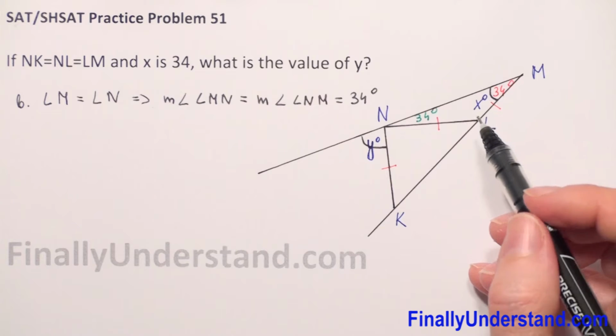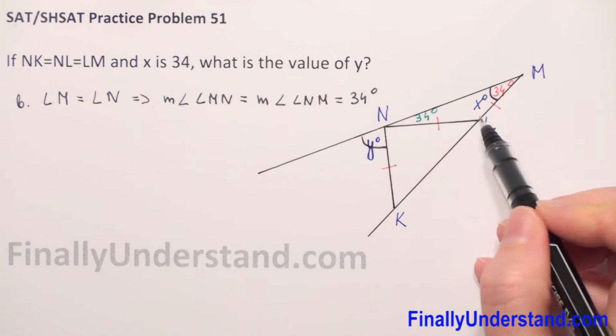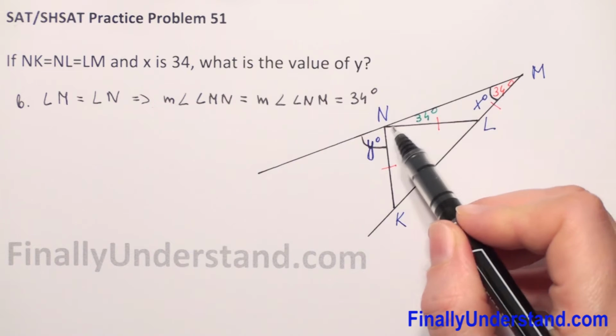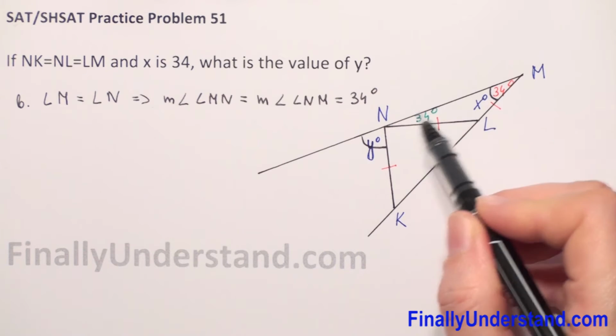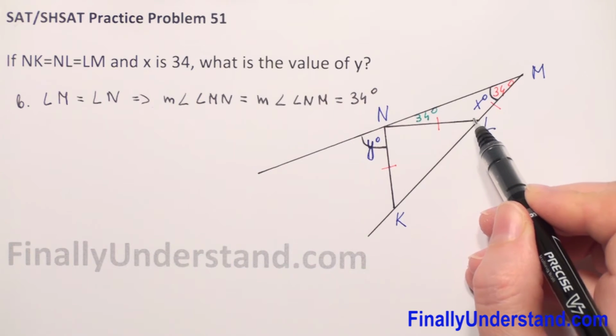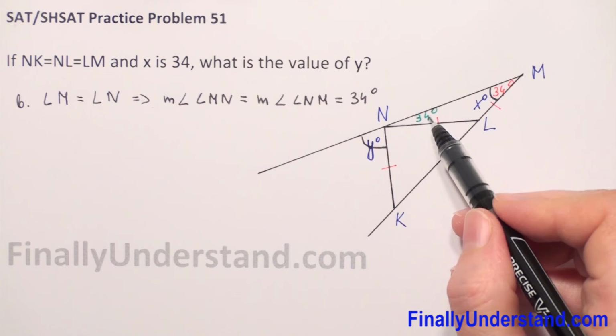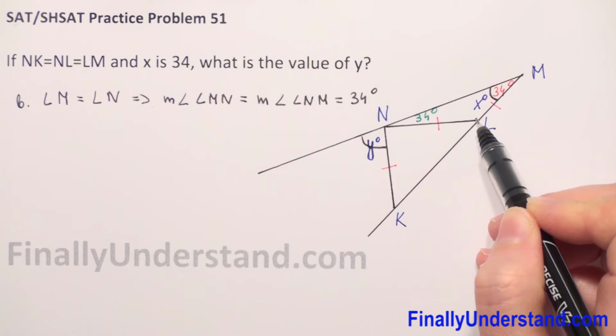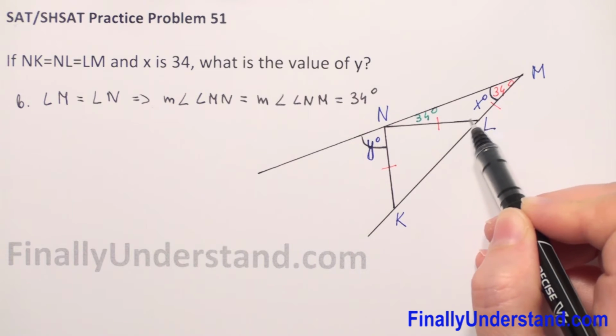What else? We have here a triangle. We know that the measure of the interior angles in a triangle is 180 degrees. So if we have these two angles, we can find the measure of this angle.